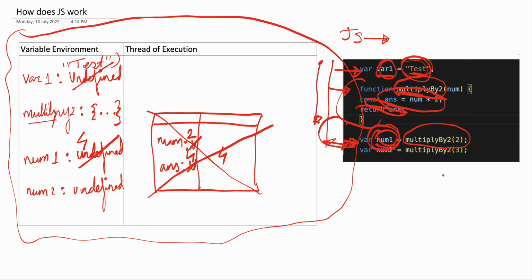And again, the same thing happens for num2 multiply by 2, and the parameter we are sending is 3. So what will be the output of this? It will be 6. So num2 will get the value of 6.